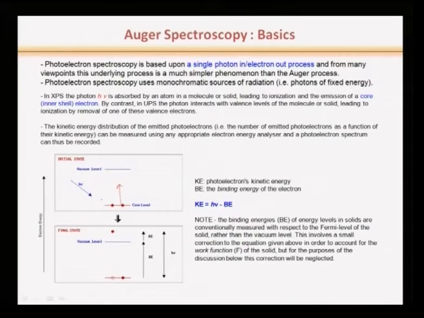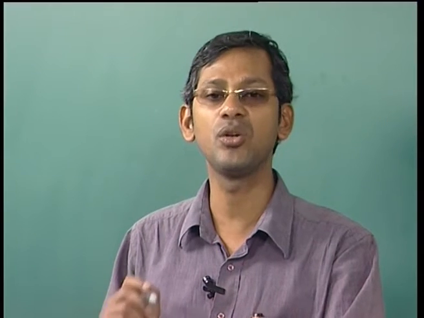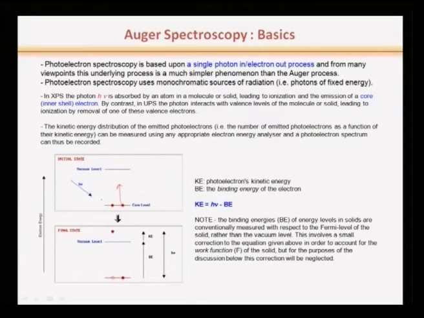Therefore the electron coming out has much lower kinetic energy, so it can only come from the surface of the material, not from a larger depth. So exact surface probing is possible using Auger. One can calculate the kinetic energy or binding energy of an electron and use it for many purposes, and that's what is done in Auger.